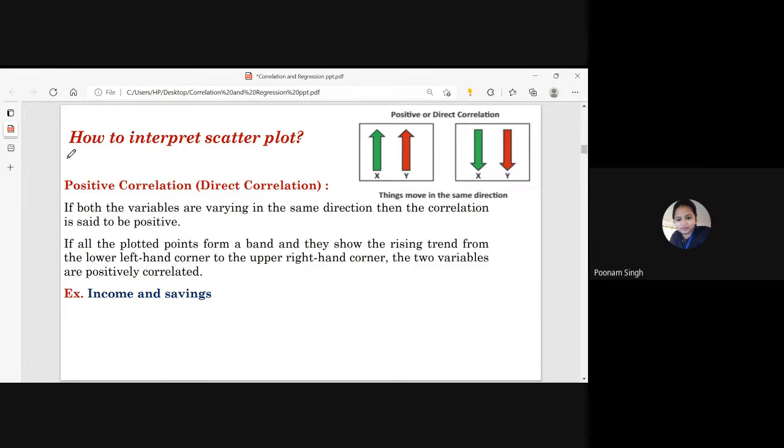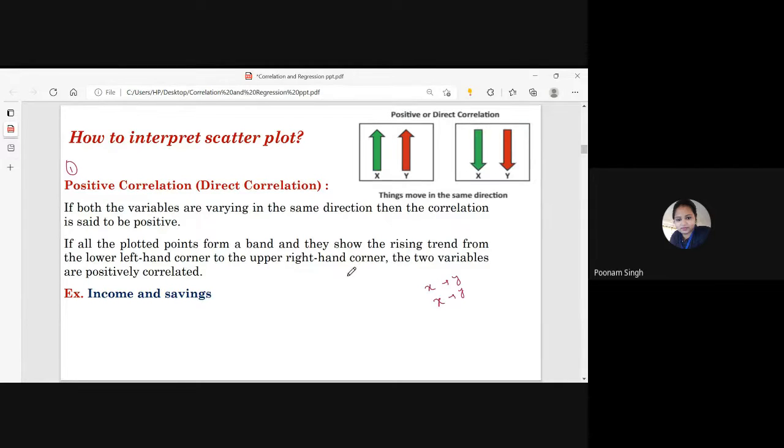So first one is your positive correlation. Positive correlation means there is direct correlation. So we will say that your two variables are positively correlated if in your data set of x and y, larger values of x are associated with the larger values of y, and smaller values of x are associated with the smaller values of y.